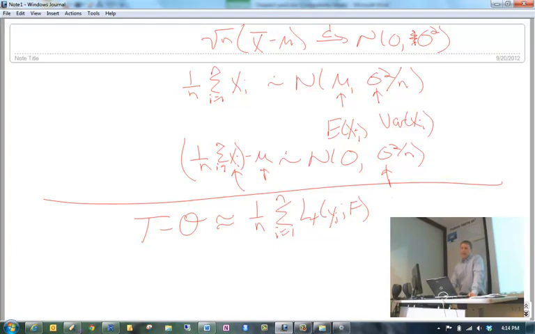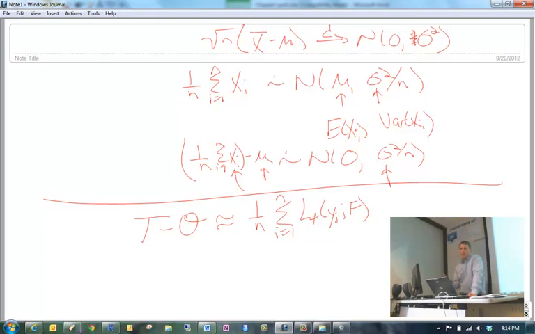So what I can do is simply apply the central limit theorem to get the distribution of this average of the influence functions, which then gives me the distribution of T minus theta. This is done all the time in an asymptotic setting.